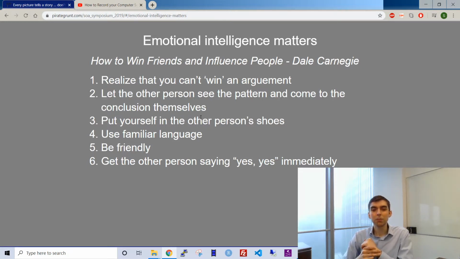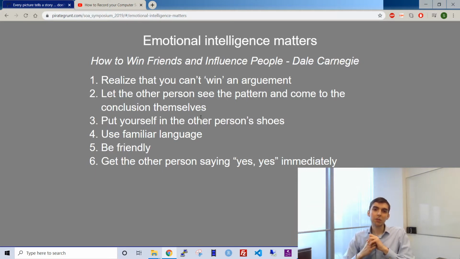Put yourself in the other person's shoes whenever possible. Use their language. If they're used to seeing a graph in a specific way, then show it in that same way. Don't change the format just because you can. Be friendly, after all, because at the end of the day, all that data visualization is a way of communicating with someone. Like right now, I'm recording this video and I'm communicating with people through video.